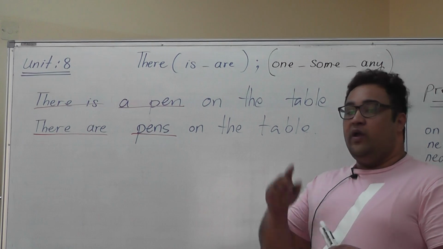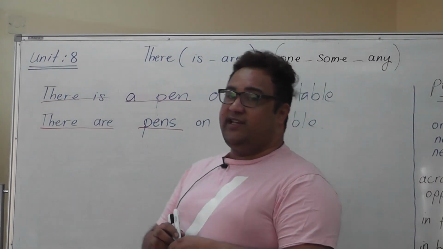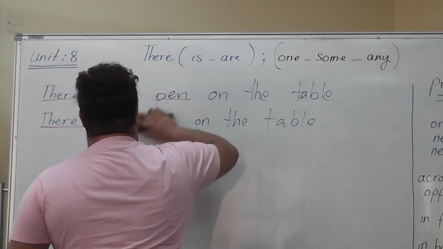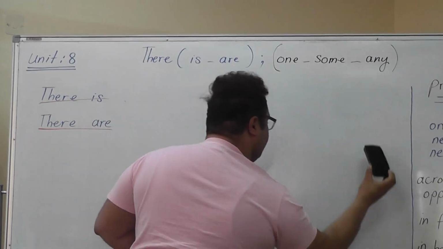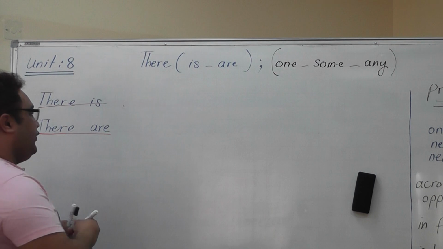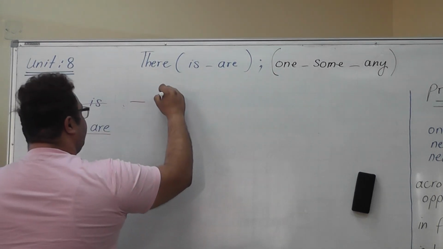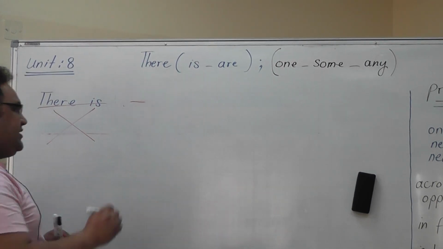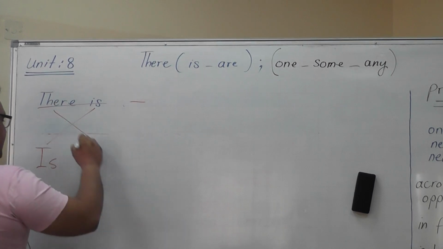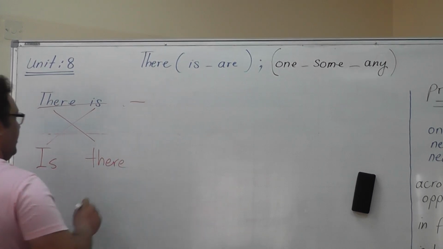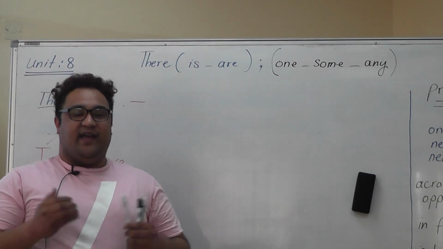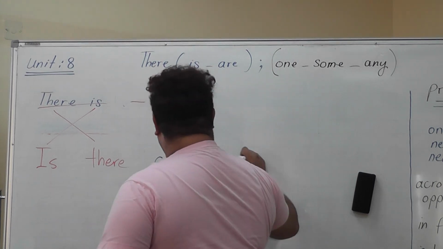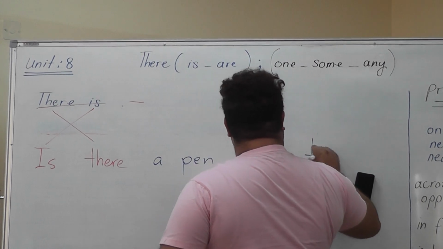Now, when we make questions using there is and there are, it is very easy. For there is, we just drop, we do it like this. Is there a pen on the table?